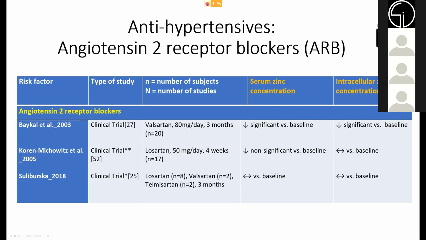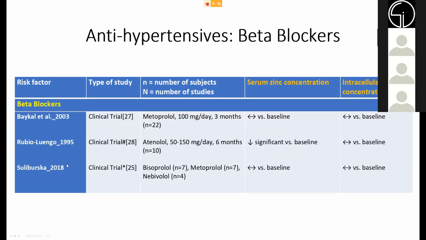Although in the last clinical trial, no such effects were found. And for beta blockers, another group of antihypertensives, the results remain inconclusive about the effect on the serum zinc and intracellular zinc concentration.